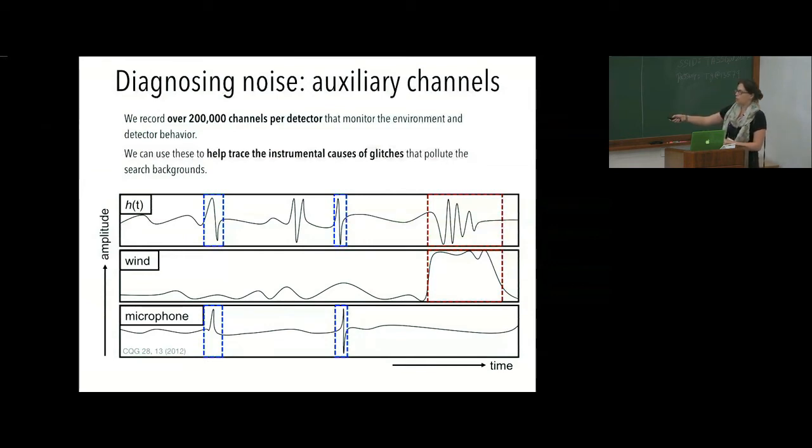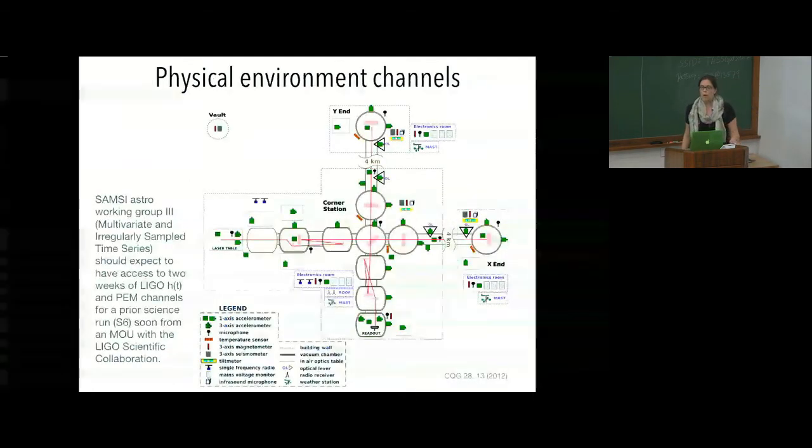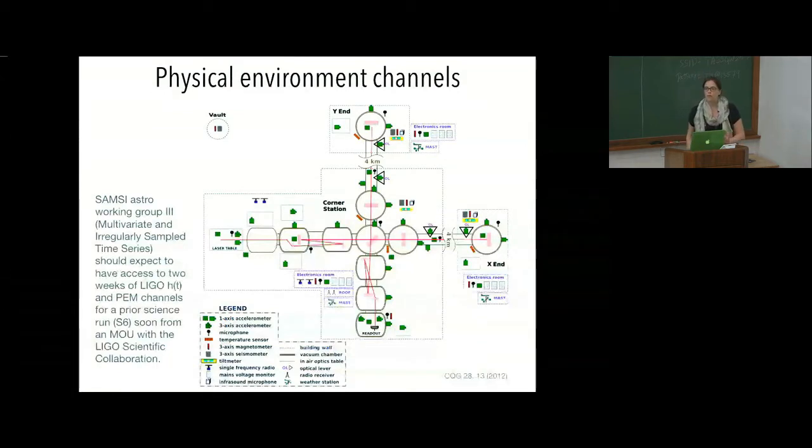And this just gives you a sense of some of the comparisons we might do. This is an example gravitational wave strain channel that has 4 transients in it, and 3 of them match up, 2 with this microphone channel, and another with an anemometer measuring wind. Both of the detectors are equipped with a full suite of physical environment channels.